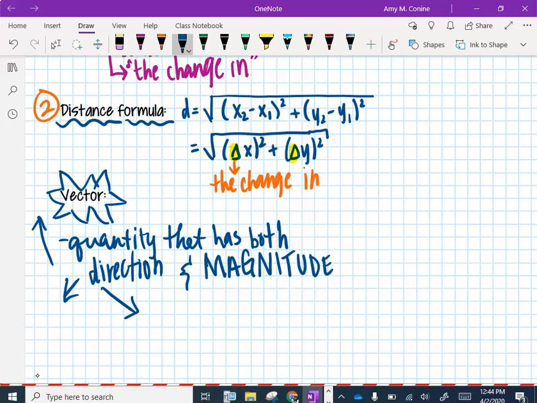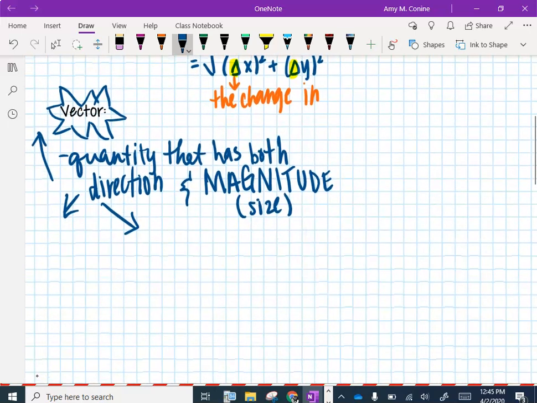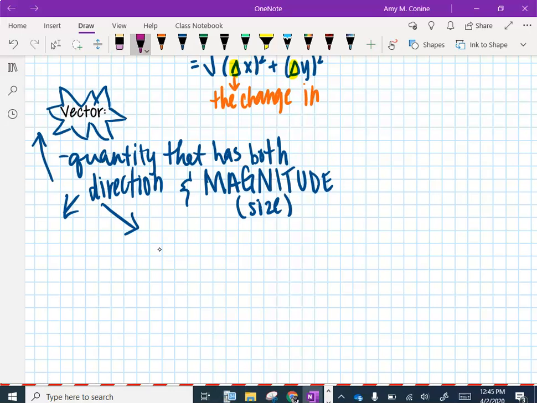So magnitude deals with size, okay? So we use this a lot with physics, so dealing with force, velocity, even acceleration, okay? So that's a lot of where the vector is used.